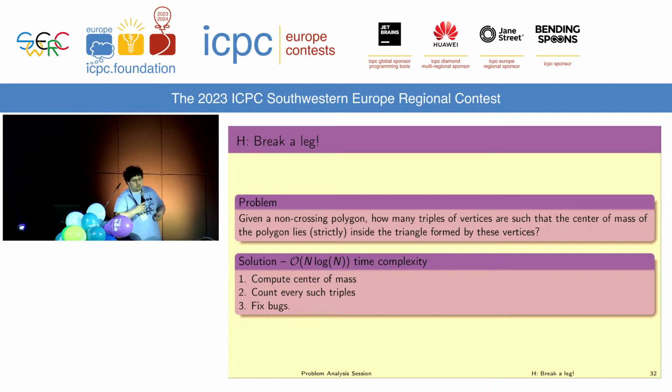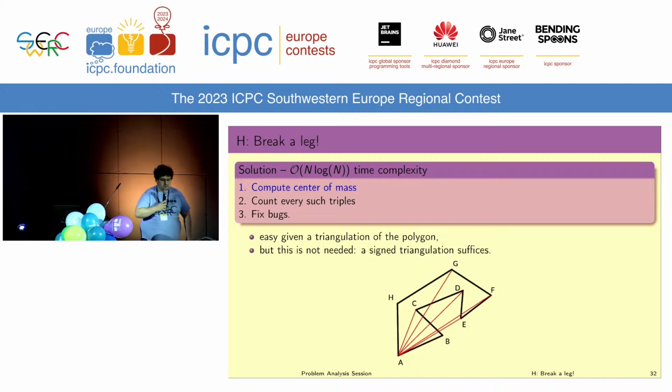So, to solve this problem, first you need to compute the center of mass of the polygon, which is non-trivial. If I give you a triangulation of the polygon, it's actually easy, because then you simply compute the center of mass of each triangle, and you take the barycenter weighted by the area of the triangle.